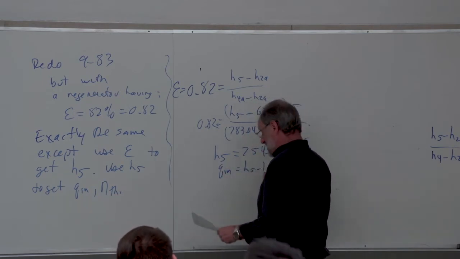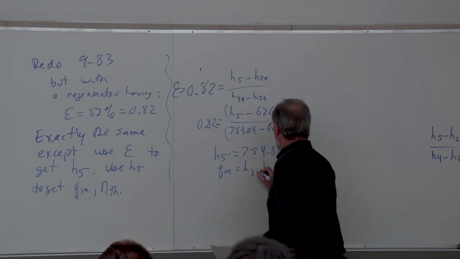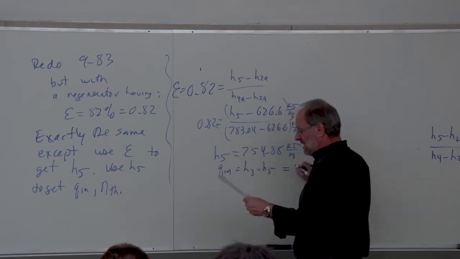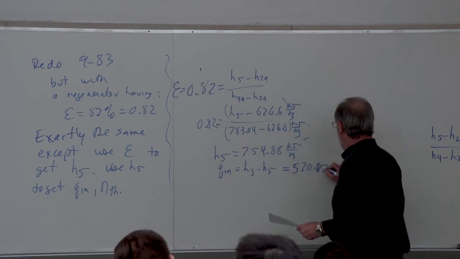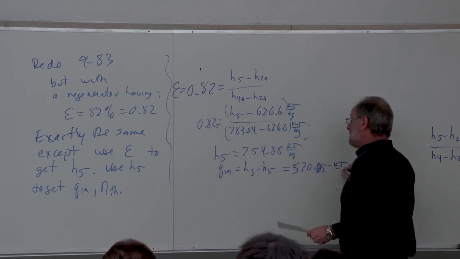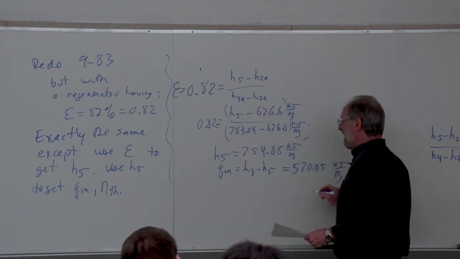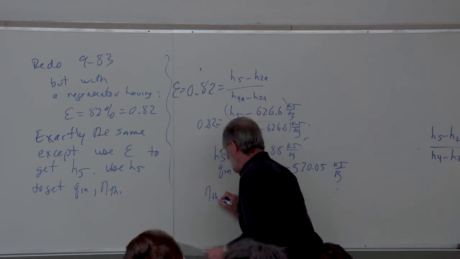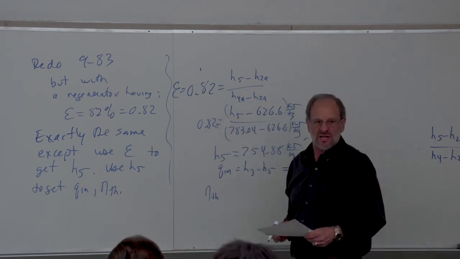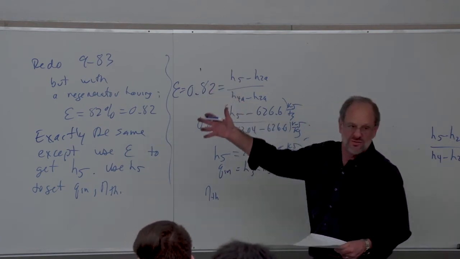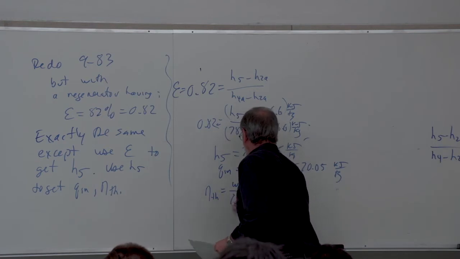So H3 minus H5. So the heat input becomes 570.05 kilojoules per kilogram. And we can then find the thermal efficiency. By the way, the net work doesn't change, right? The net work is only a function of the compressor and turbine work, so that hasn't changed. So the thermal efficiency, again, is the net work over the heat input.